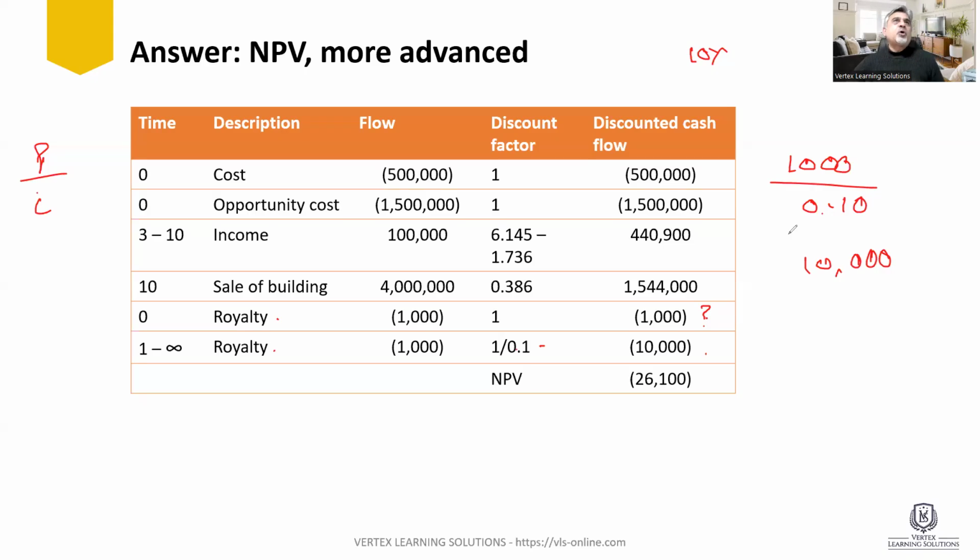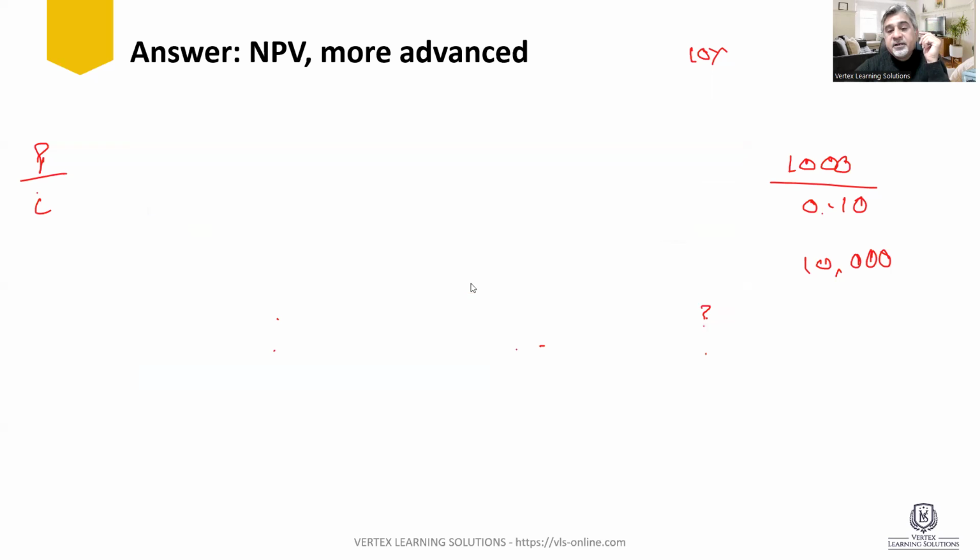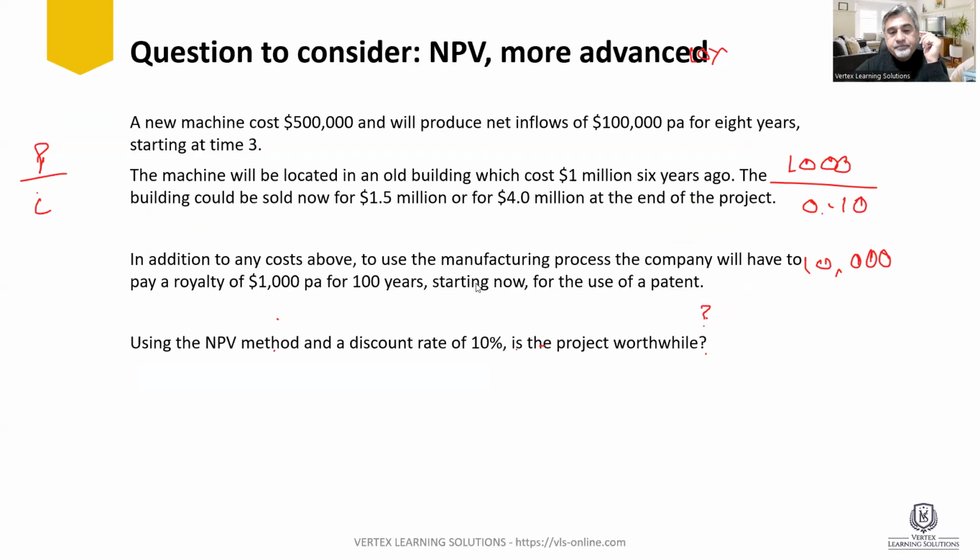Now, this is what I call an exam style tip. These are the types of tricks they play in exams, so pay attention to the language of the question. If you go back and look, it says they have to pay the royalty, and the royalty starting now, which means starting today.